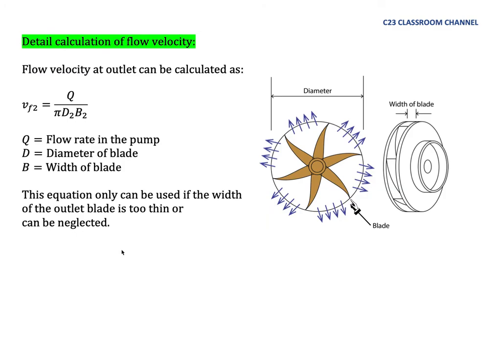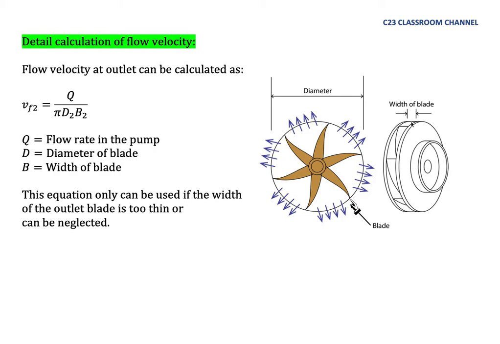And here I would like to give you a detailed calculation about flow velocity, because we will have two conditions of blade design. For example, if we have an impeller and shroud like this, we must know that the width of blade is this area.